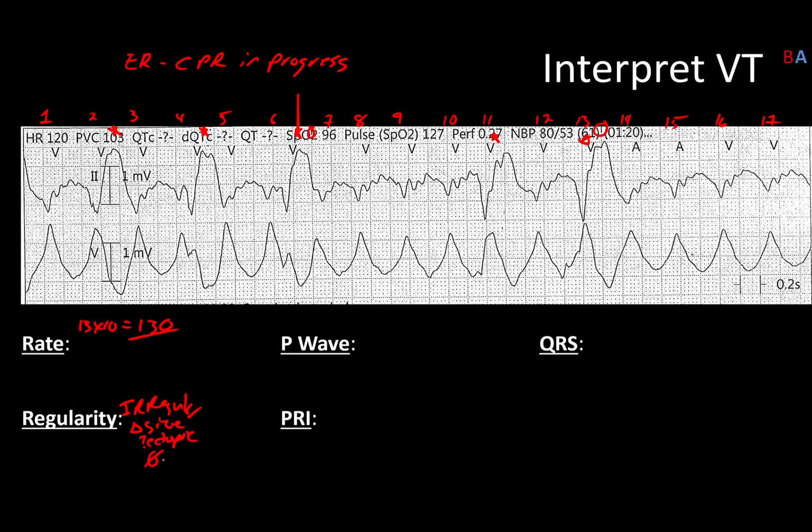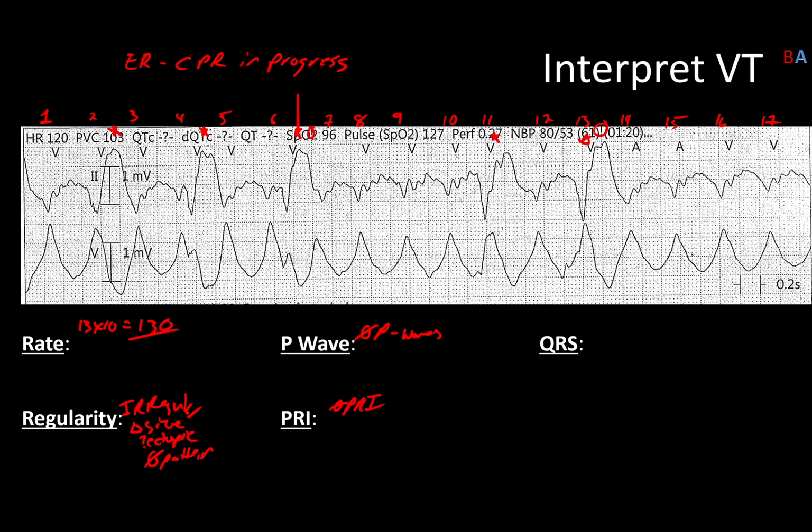But otherwise, there's really no pattern. I don't have any P waves that I can really tell. There might be something hiding in there, but I'd be hard pressed to prove it. So no P waves, no PRI.